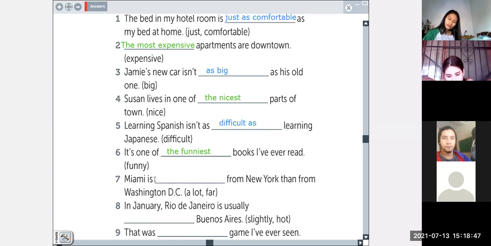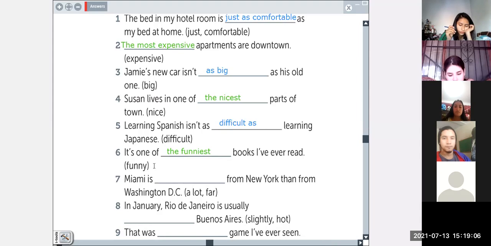Miami is a lot of far from New York and from Washington, D.C. One more time, please. Miami is a lot of far from New York and from Washington, D.C. Like this?